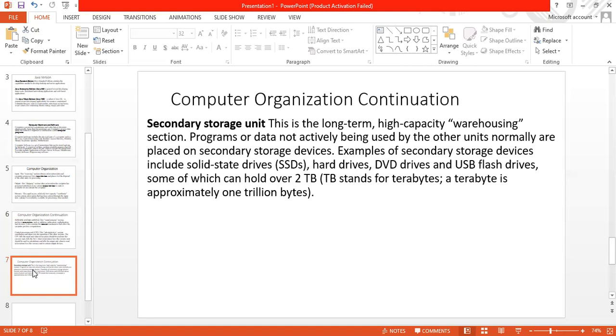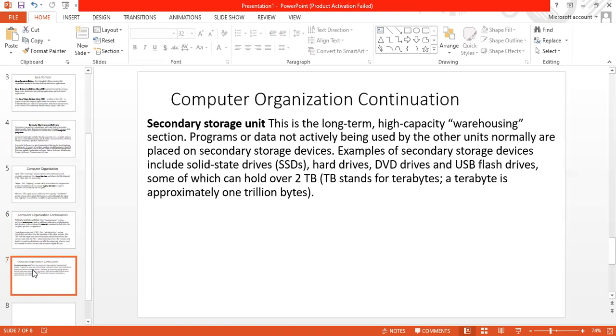We have our USB flash drives. Some of them can take up to 2 terabytes. They can take as much information as possible.